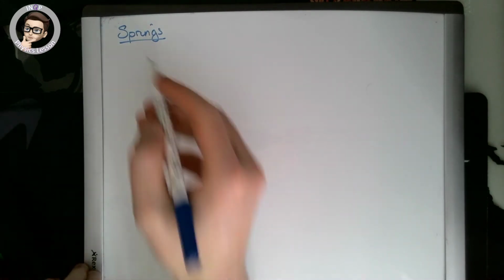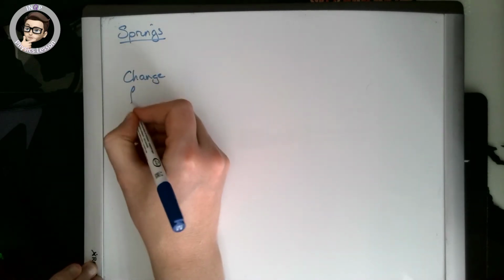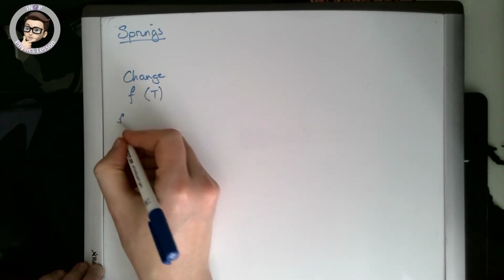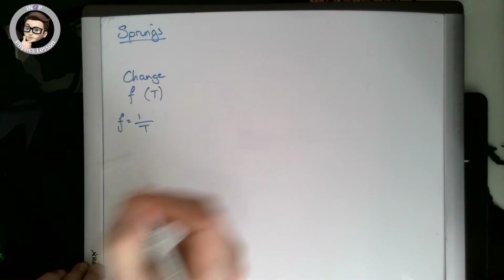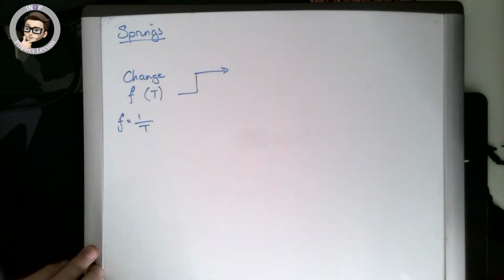So springs, how can we change the frequency? Okay, so if we want to change the frequency, we know that that's also changing the time period, because those two are linked. Remember that frequency is equal to 1 over the time period. So if I want to change the frequency, there's two things I can do.